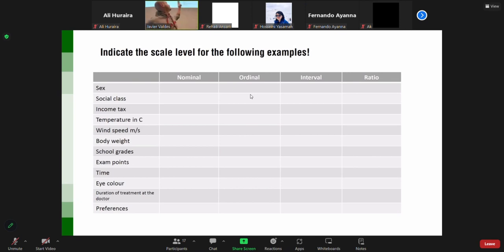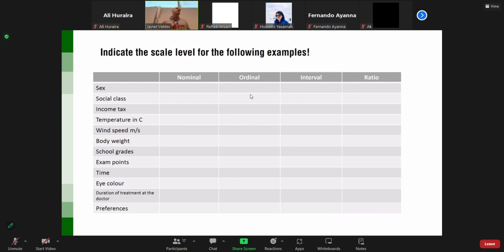You see the difference: temperature in degrees Celsius, 0 doesn't mean that there is no temperature. If you have wind speed 0, 0 means that there is no wind, right? The wind, yeah. But I want you to answer. So body weight. Thank you. Social grades, school grades, sorry.